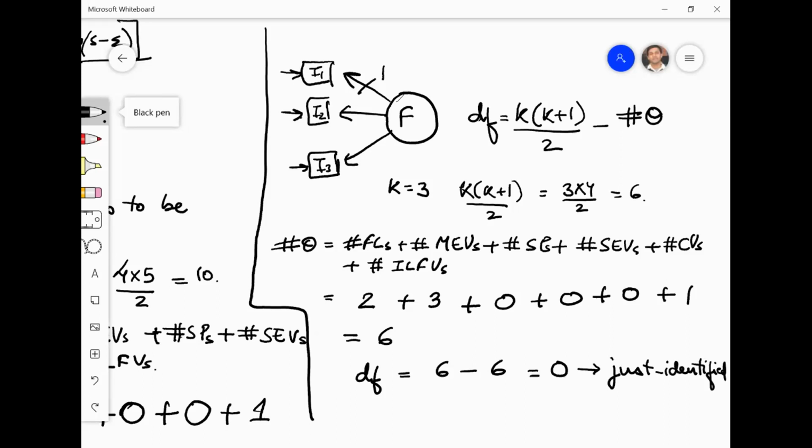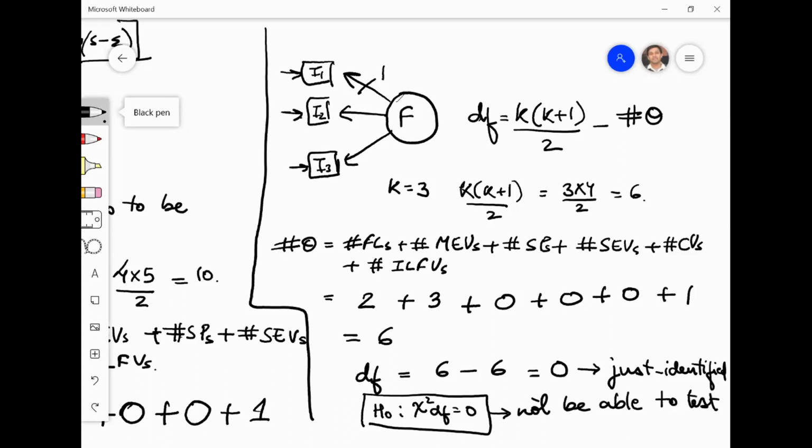Okay, so the software will give you the parameter estimates, but you will not be able to test this hypothesis. So you will not be able to test the goodness of fit of your model in this case, right?